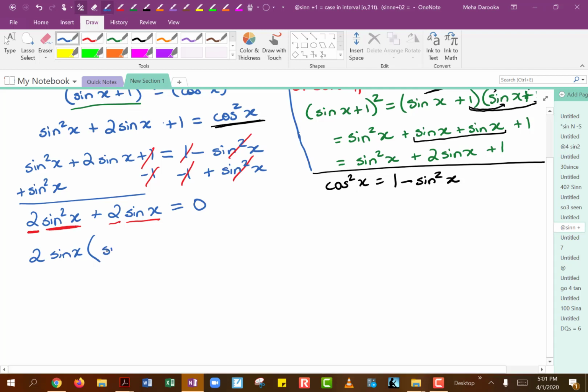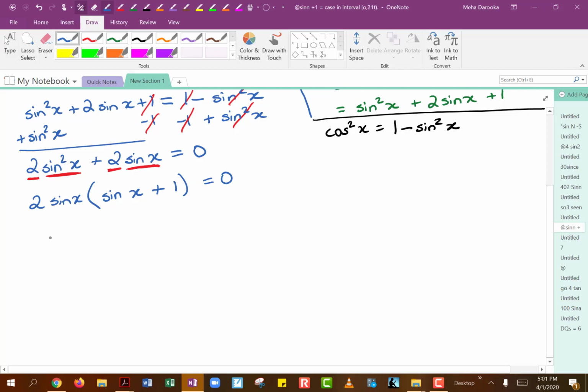So I only have one sine of x left behind, plus sine in the middle. Then from my second term, again, I've taken this 2 outside already, and this sine of x has also been taken outside. So since I have nothing else remaining, I'll put 1 as a placeholder, and then again you have 0 on the other side. So this is how we do factoring here.